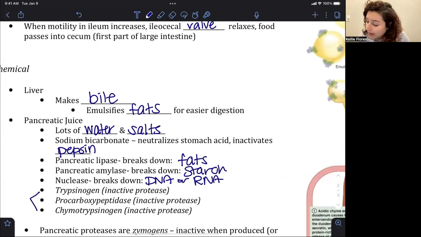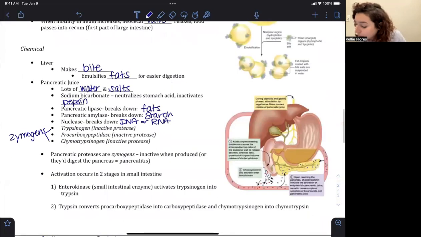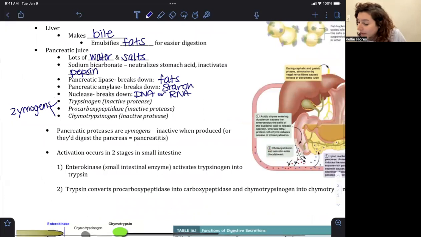So we'll go ahead and say zymogens for now, because zymogens are enzymes that are made somewhere but inactive and then active later. Okay, so they're probably going to be involved in the next couple minutes here. Pancreatic proteases are zymogens. Oh, we already said it. Perfect. They're inactive when they're produced, or they'll digest the pancreas, which is what happens when people have pancreatitis.